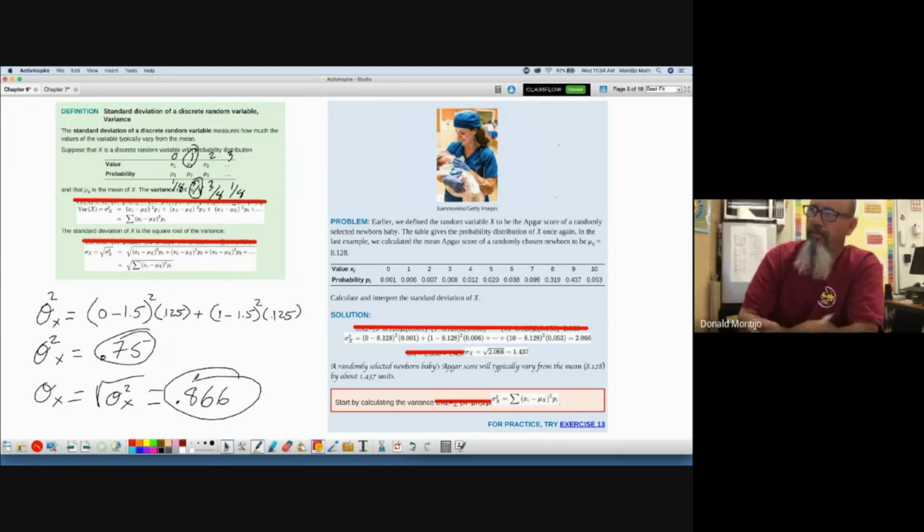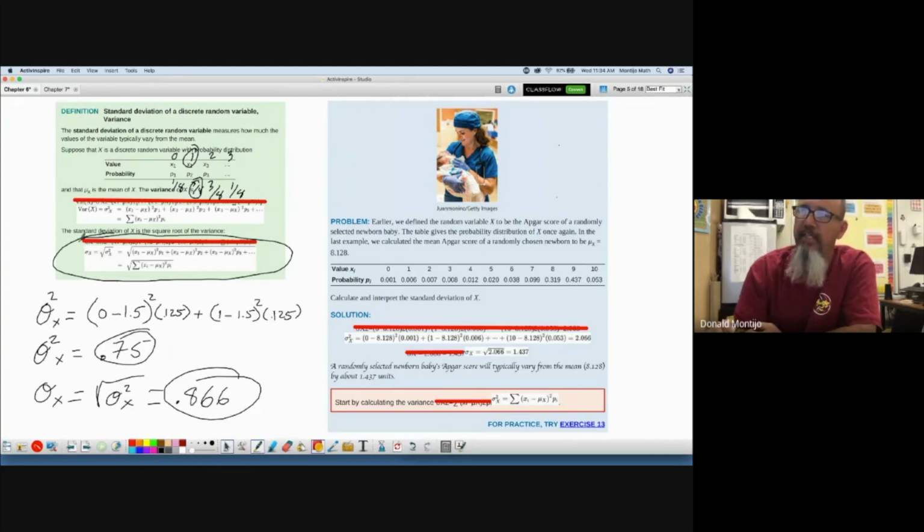So standard deviation is this formula right here. But really, in this process, the variance comes first because to calculate the variance, we do each individual X minus the mean squared times its probability, plus the next X minus the mean squared times its probability, and so on and so on.